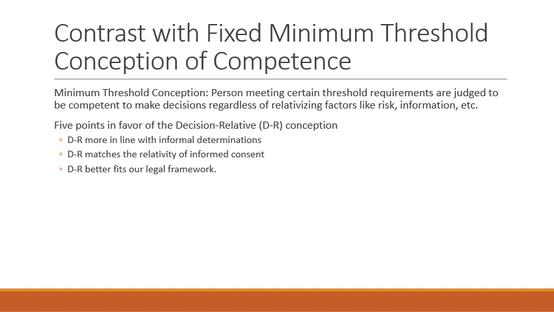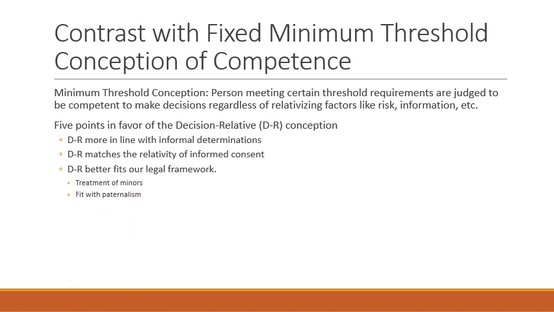DR benefits our legal framework. So with our treatment of minors, it is more or less understood that minors' capacities to make decisions for themselves is relative, that they're competent in some areas and incompetent in others. So a relativized conception can make sense of that, whereas a minimum threshold conception can't.